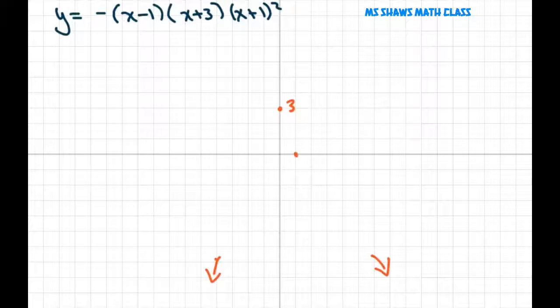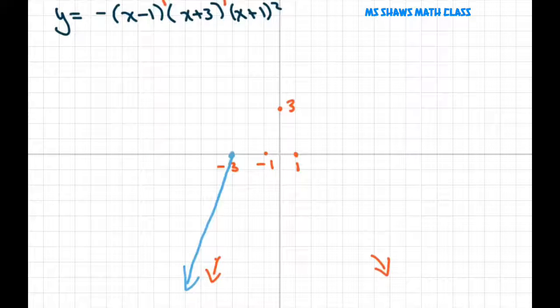Let me plot my zeros at 1, -1, and -3. Now, these first two factors have multiplicity of 1, so let's go up and graph this. So we start down here in quadrant 3 and go to -3.